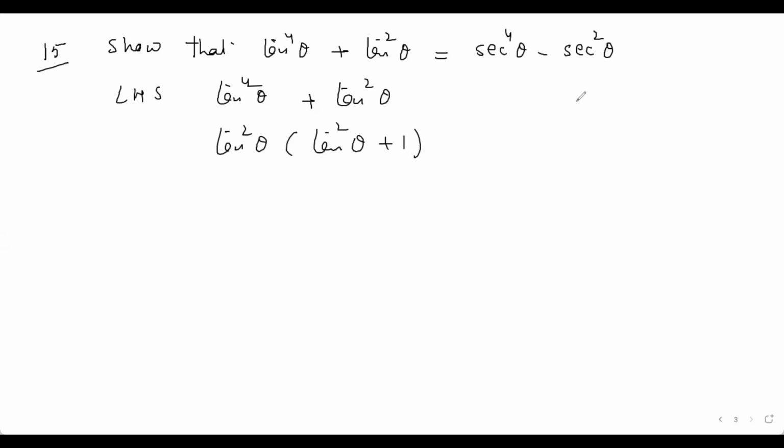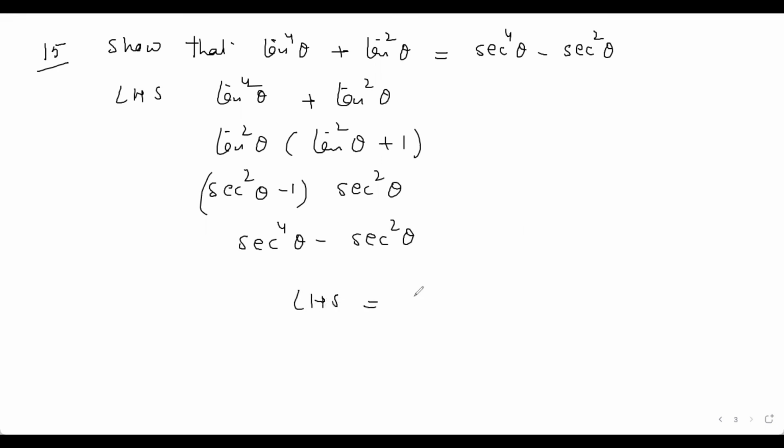On the right hand side there is sec θ, and on the left hand side I have tan θ, so change this tan θ in terms of sec θ. How will you change it? tan² θ can be written as sec² θ − 1, and tan² θ + 1 is equal to sec² θ. Now multiply it. It is sec⁴ θ − sec² θ. So left hand side is equal to right hand side.